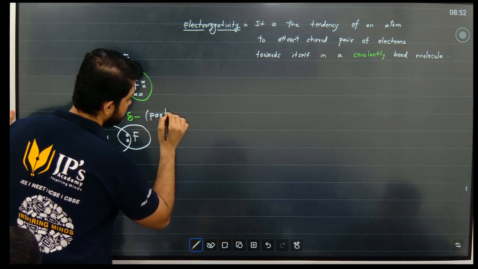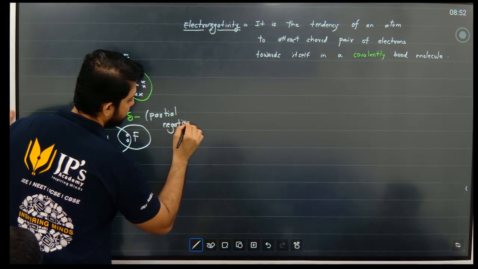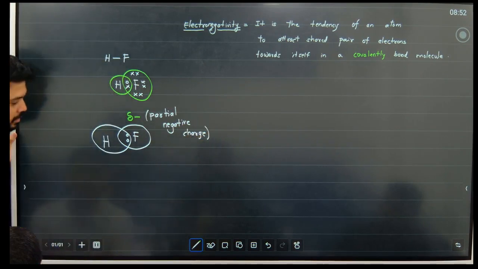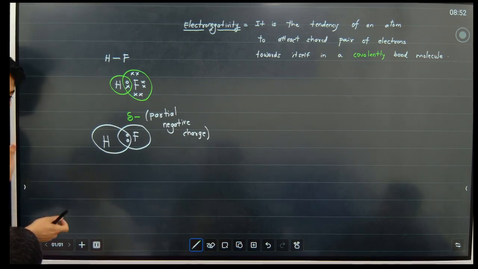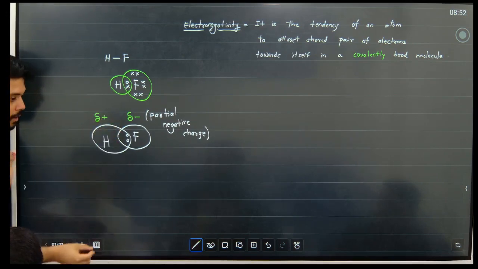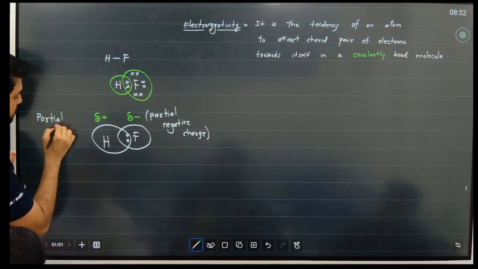Partial negative charge. ठीक है. And equal in magnitude but opposite in sign, hydrogen will develop a partial positive charge.